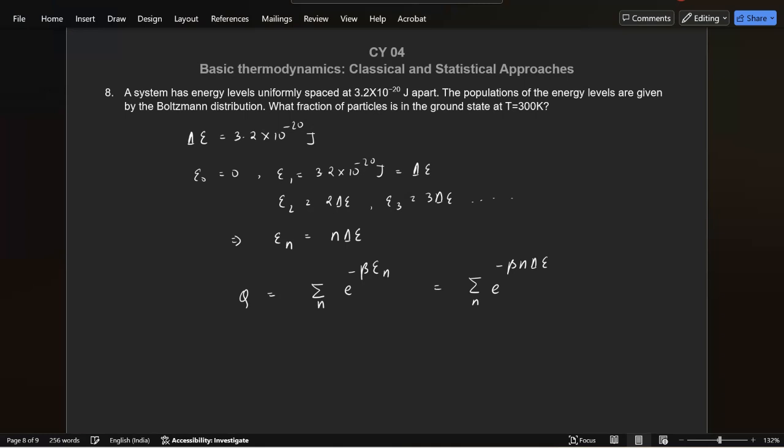So what is that? For the first one, E0 is 0, so that's e^0, plus e^(-beta delta E) for the first level. The second will be 2, so e^(-2 beta delta E), then e^(-3 beta delta epsilon), and so on and so forth.